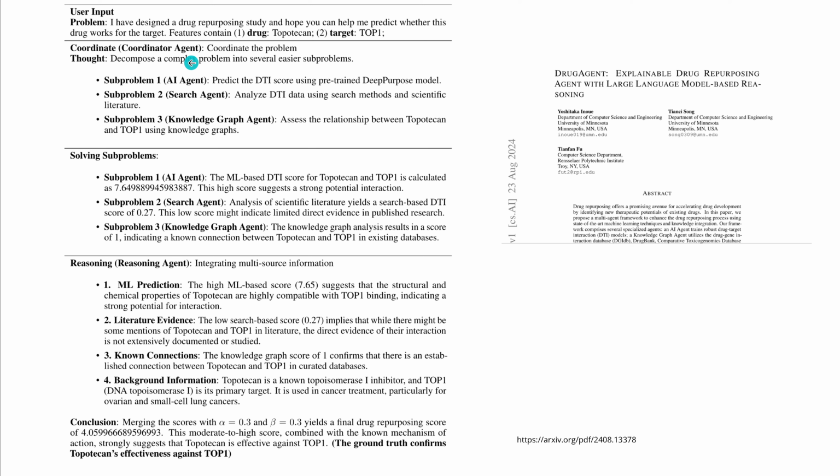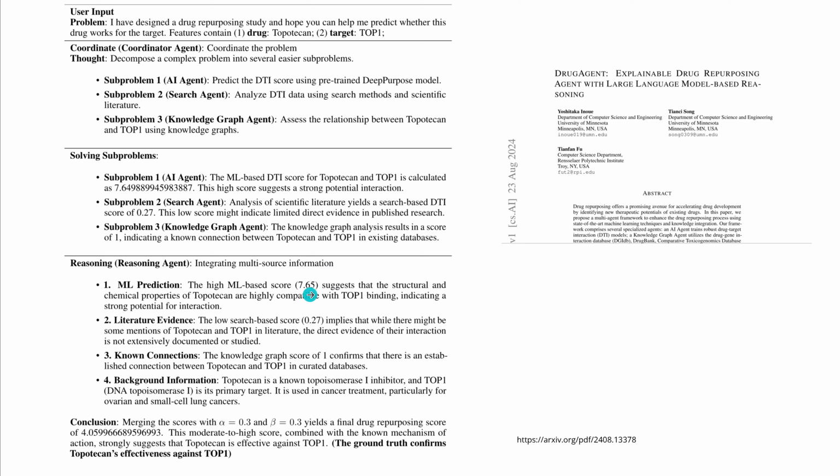You can imagine, yes, beautiful. Then all those sub-problems are solved now by our machine learning agent, by our search agent, and by our knowledge graph agent. They have now their reasoning process integrating the multi-source information coming back. So from the machine learning prediction, we have now a specific value.